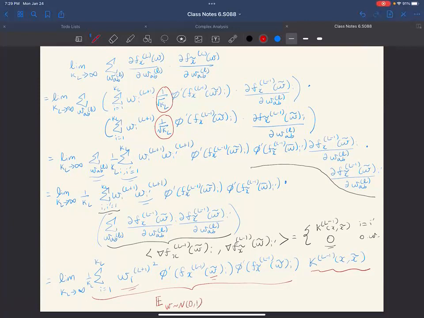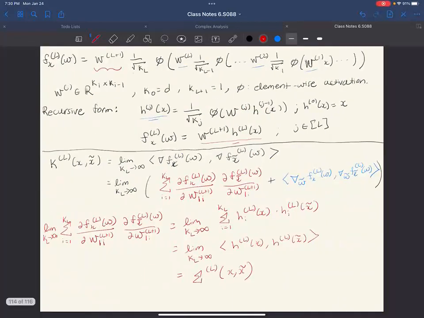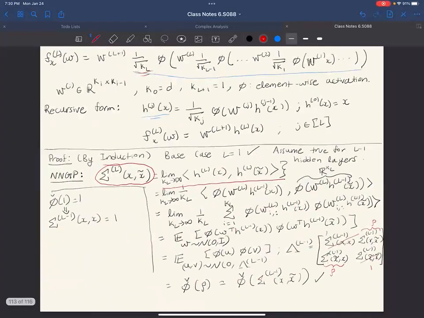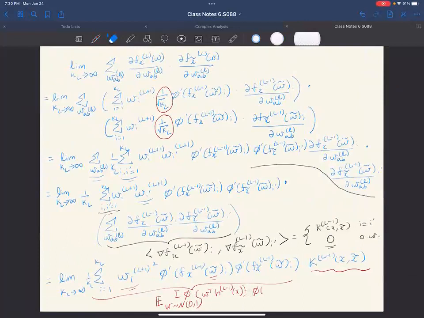If we remember what our f_x of L minus 1 at W_i is, well, it's exactly phi of W transpose H of L minus 1 at x, at i here, and then times phi of, well, let me make sure I copy this over correctly. Nope, that's right. It's going to be exactly this expectation here, where there's phi primes.